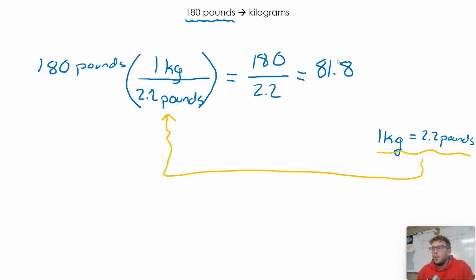Well, 81.8 what? I can't just leave it as a number because then it doesn't make sense. It's got to have a unit to it. Here's the thing: not only do you multiply numbers, but you actually multiply units too. It's kind of weird to think about, but units can be multiplied together. So if I'm multiplying 180 times 1, I'm also multiplying the pounds times kilograms.